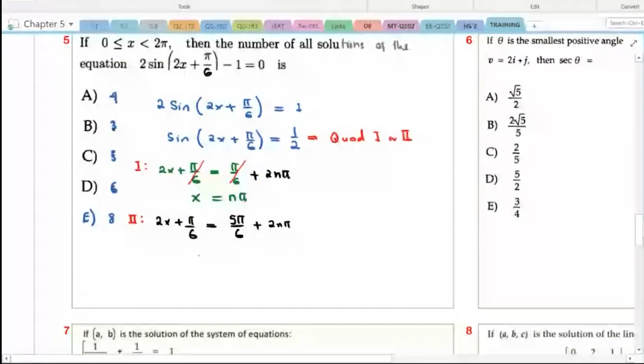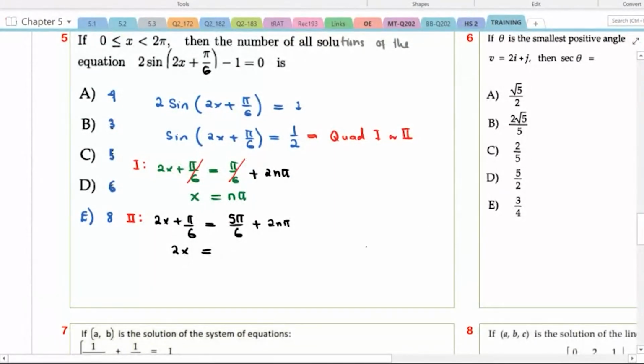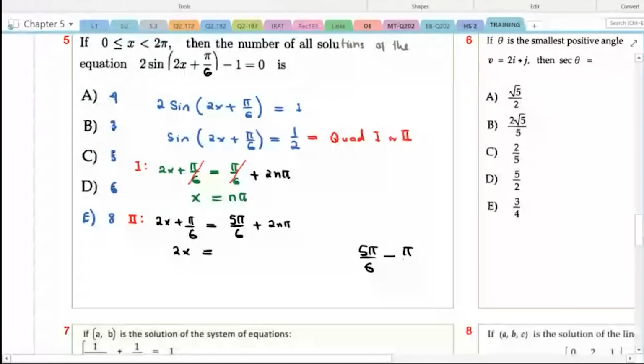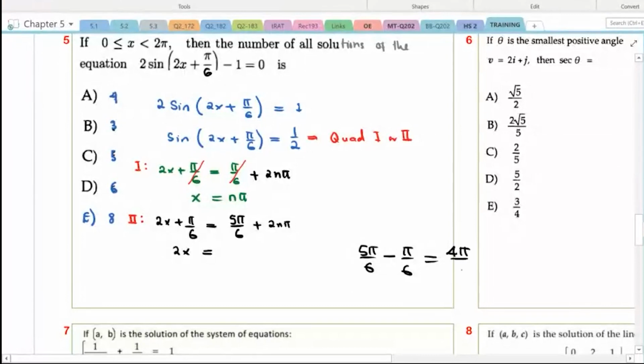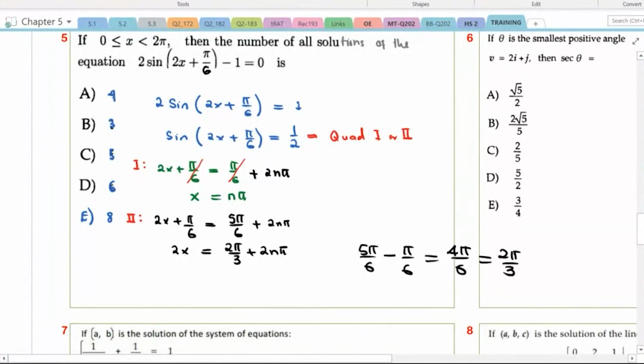We take this to the other side, so we can rewrite it as 2x equal to 5 pi over 6 minus pi over 6, and that is going to give us 4 pi over 6, which is 2 pi over 3. So allow me to write 2 pi over 3 plus 2n pi, where n is an integer.